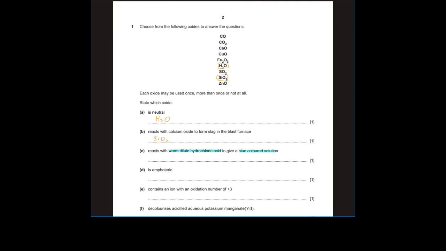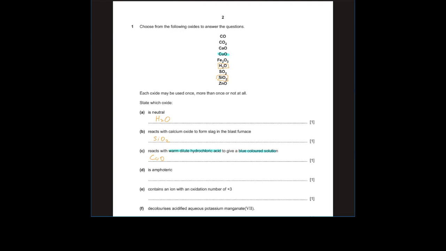So here we will look for copper, and we do have it here, copper oxide. So I'll write copper oxide. Copper is a metallic oxide, which means it is basic and it will react with warm dilute hydrochloric acid.